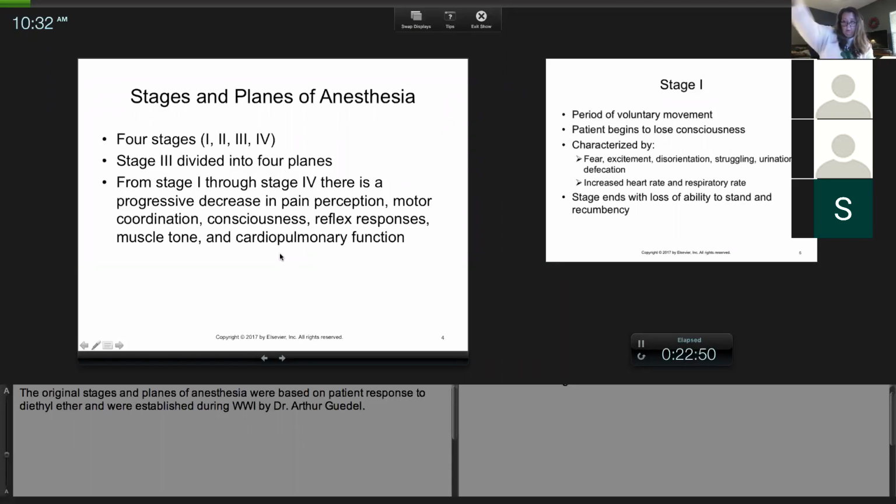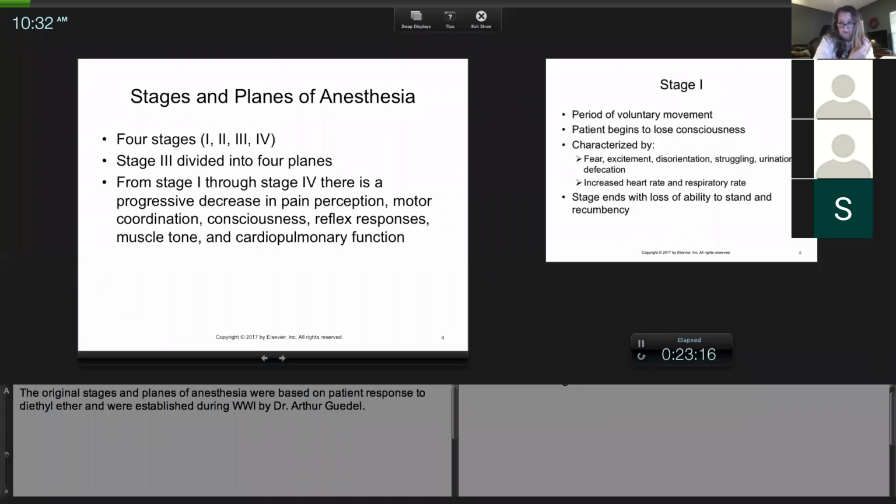When a patient goes from awake to anesthetized, all of those things are going to be diminished. I don't want them conscious. I don't want them feeling pain. I don't want them to have muscle coordination because then they're able to move. You don't want them moving during surgery, and I don't want them feeling or conscious during surgery.